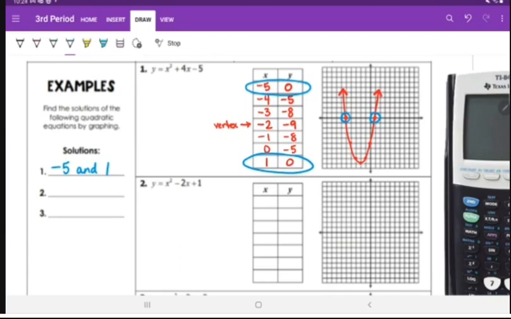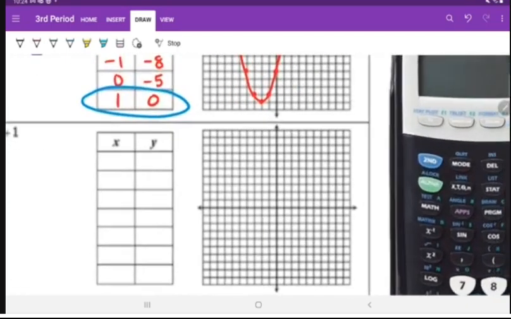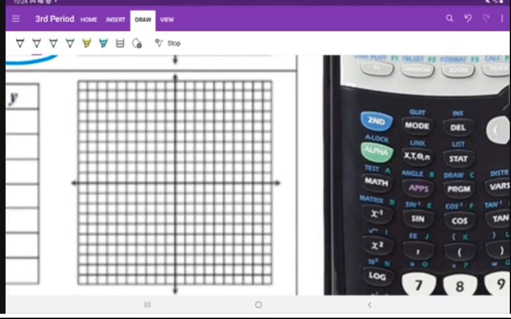In number 2, we should have ended up with a parabola that looks something like this. I'm not going to draw the whole thing, but our parabola should be about this shape, and it should go through the point 1, 0.